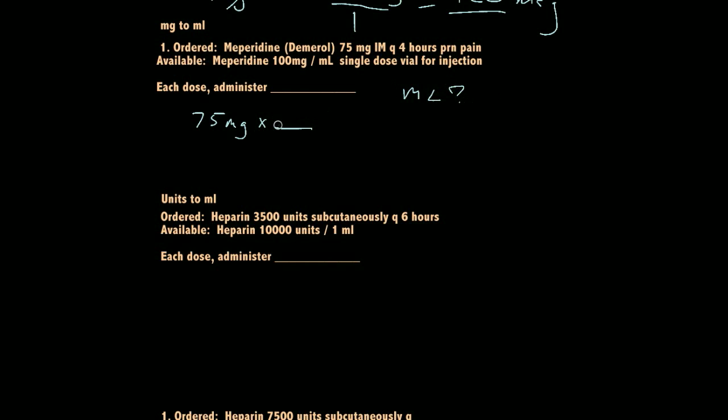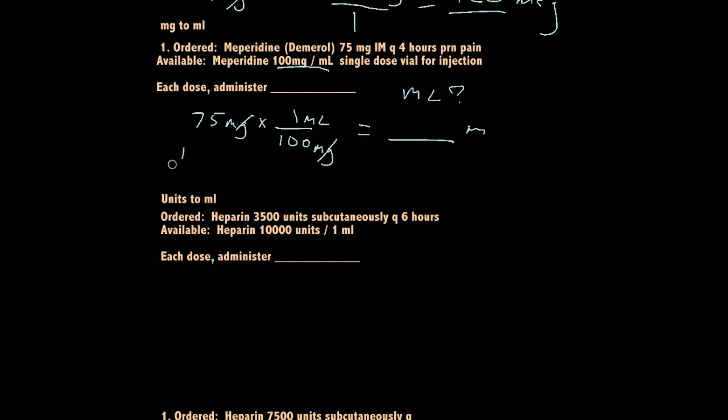All right, so I have my 75 milligrams. Here's my conversion factor. I know for every 100 milligrams, I have 1 milliliter. Milligrams here are going to cancel out, and I'll be left with blank milliliters.